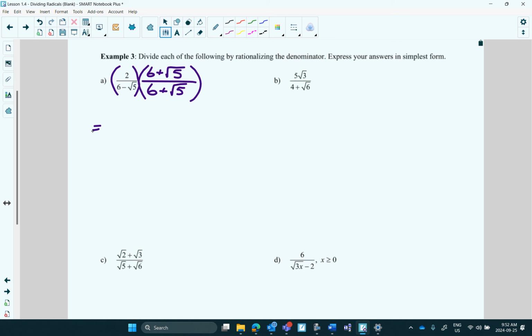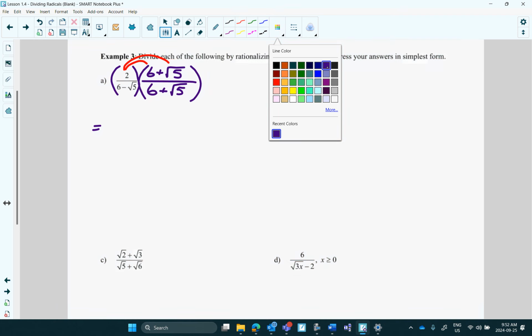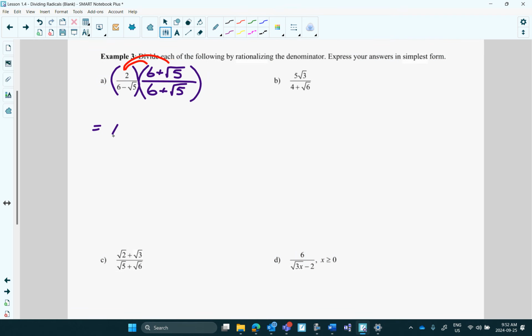Okay, so up top, we're going to do 2 times 6, plus 2 times root 5. What is 2 times 6? Plus 2 times root 5? 2 root 5. On the bottom, we have to do 4 multiplications. So 6 times 6, 6 times root 5, minus root 5 times 6, minus root 5 times plus root 5.